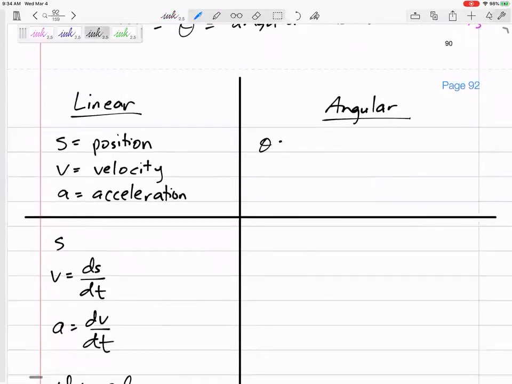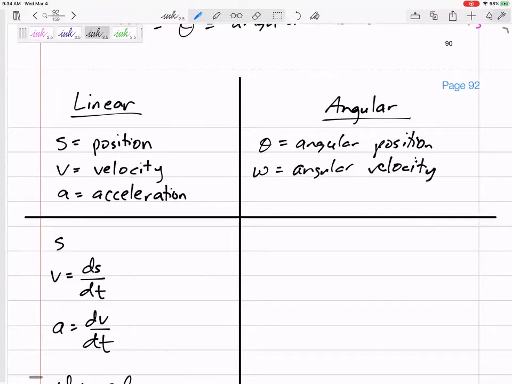So instead of position, let's have angular position. I kind of think of that as its orientation, angular position. So it's velocity. Now we've got angular velocity. And instead of linear acceleration, we've got angular acceleration.